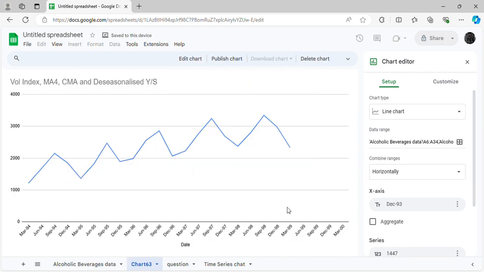Okay, so the chart shows that the trend is increasing. Let's customize the chart.